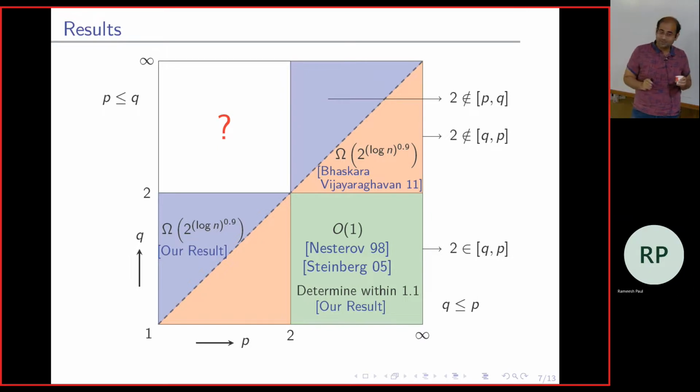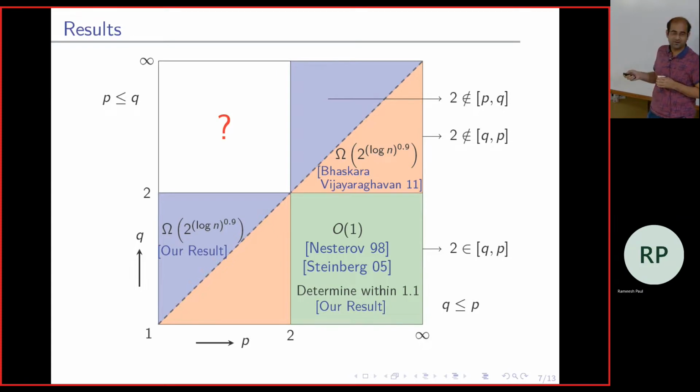In fact, that's a very good question: how to do 2 plus 1 over log n to 4? 2 plus delta to 4 is in one of these regions. We just don't know how to do even 2 plus 1 over log n to 4. And similar things happen with all these boundaries.